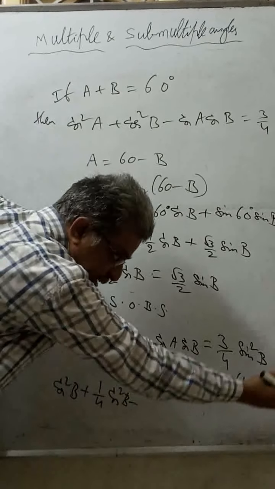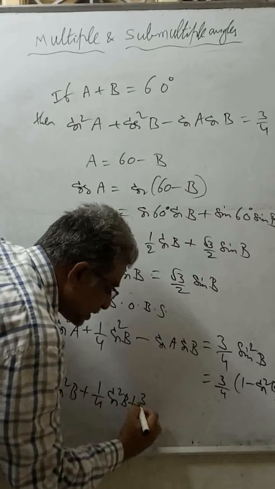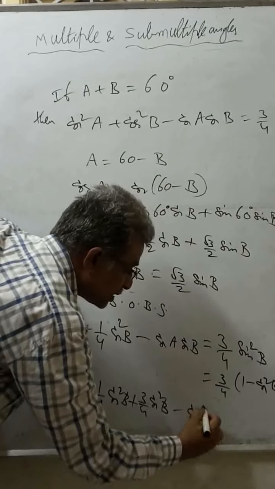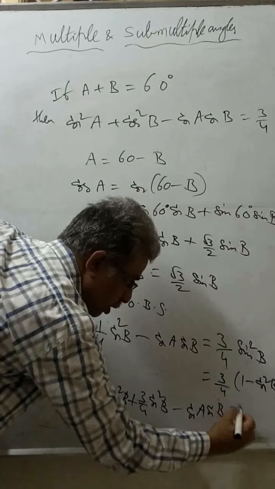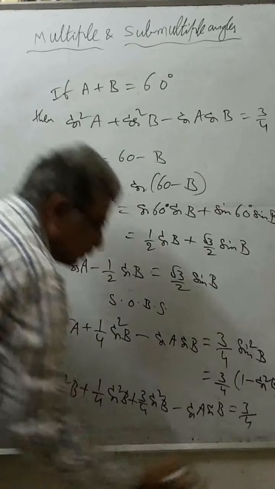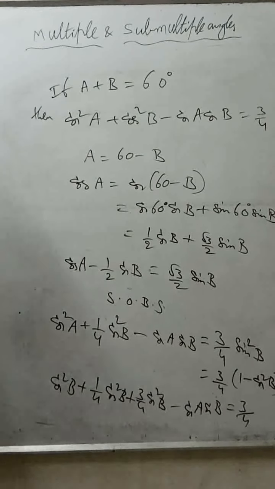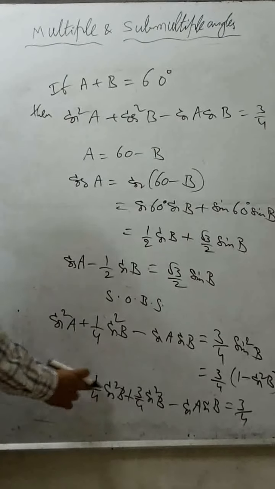This is minus 3 by 4 cos square b comes inside, plus 3 by 4 cos square b minus cos a cos b equal to 3 by 4 into 1, 3 by 4 left out. Now 1 by 4, 3 by 4 becomes 4 by 4. 4 by 4 is 1 cos square b.